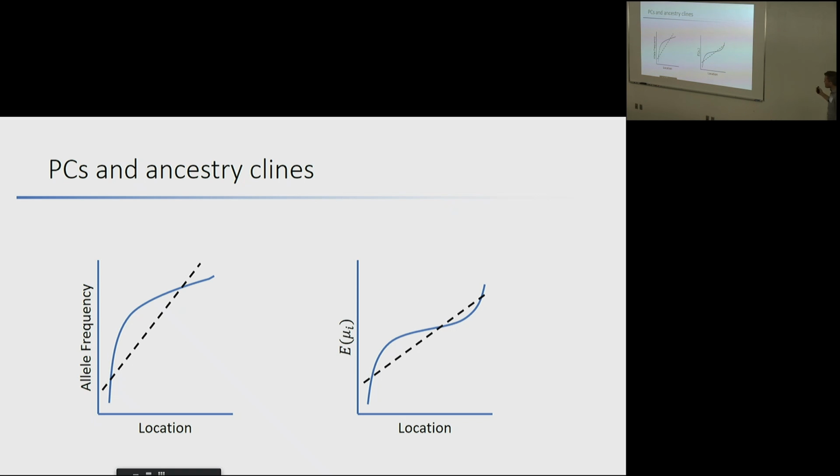If we control for principal components, what we're effectively trying to do is fit a line to the allele frequencies, fit a line through these location things, and now all we need is the deviation from this line, because these PCs are just meant to be a linear fit, hopefully capturing a person's location in this very simple example.